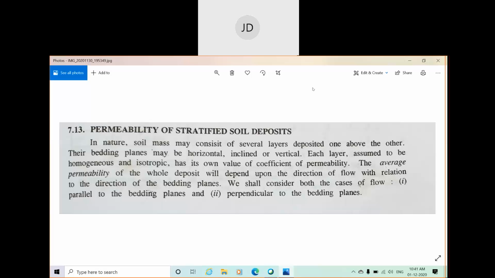So we can define coefficient of permeability for stratified soil under two cases. The first case is the flow parallel to the bedding plane, and case two, the flow perpendicular to the bedding plane.